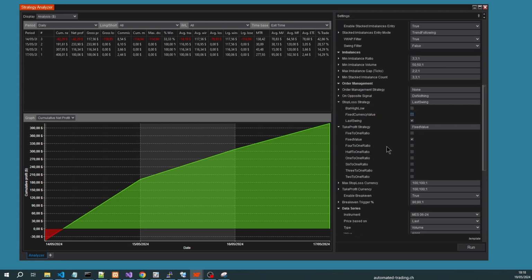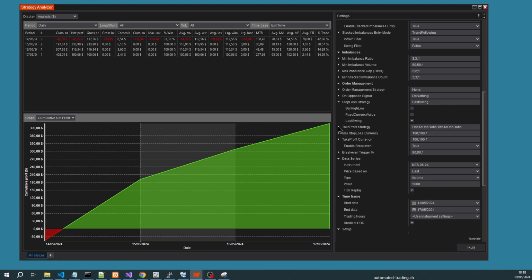So here, for example, I want to compare the 1-to-1 versus the 2-to-1 and see what is the best take profit strategy in the long run. Enable break even. Also, I can choose here to optimize and see if we have better performance with break even or without break even.